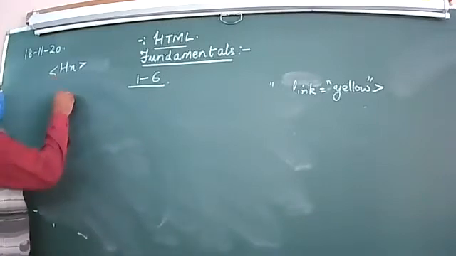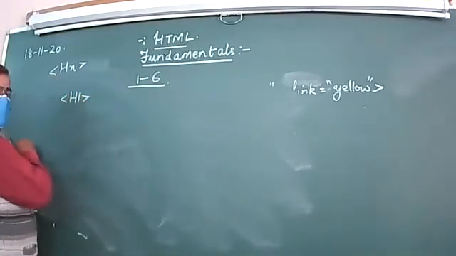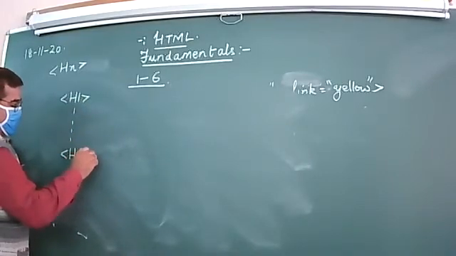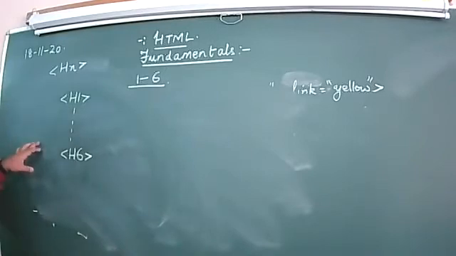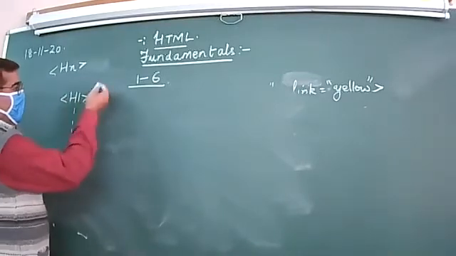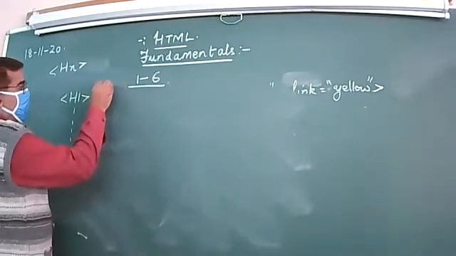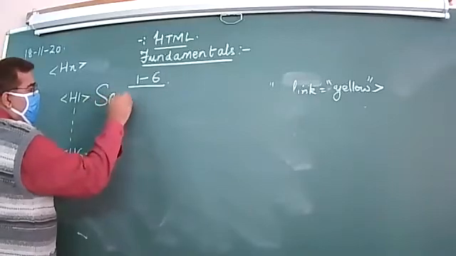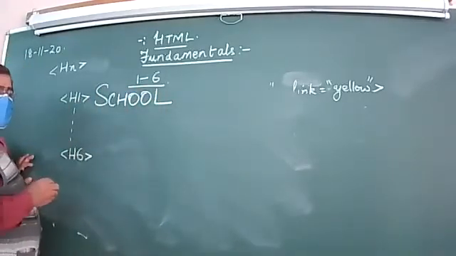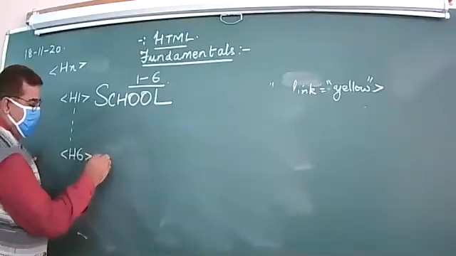The highest heading element tag is H1. The lowest heading element is H6. As the number increases, the size of the text decreases. For example, if I am writing any word in H1, suppose I am writing school, in H1 it is like this. But when it comes to H6, it will be like this.